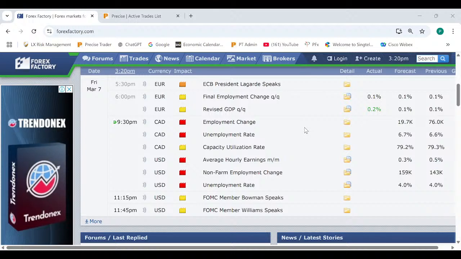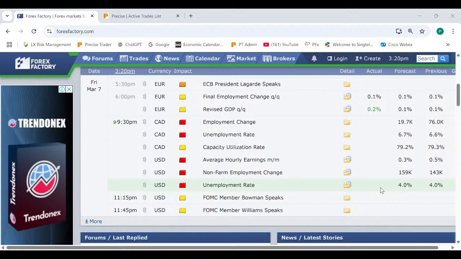Previous was 0.5, now is 0.3, which is forecast is less. And non-farm payroll employment change last time was 143 and right now is 159. Okay, slightly better. And unemployment rate is previous was 4% and current forecast is also 4%.